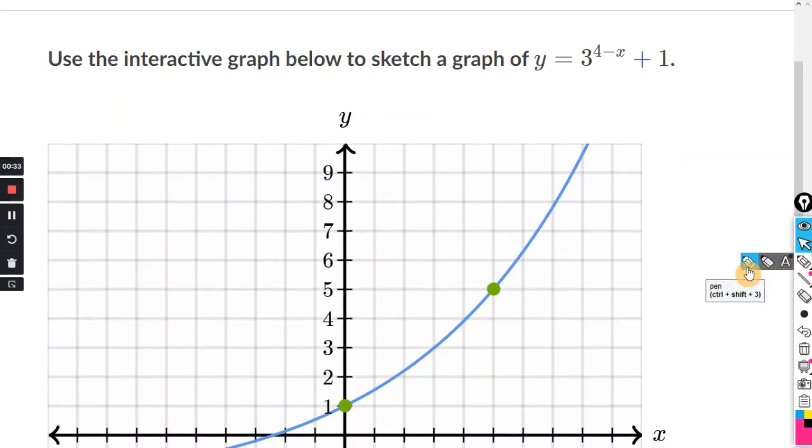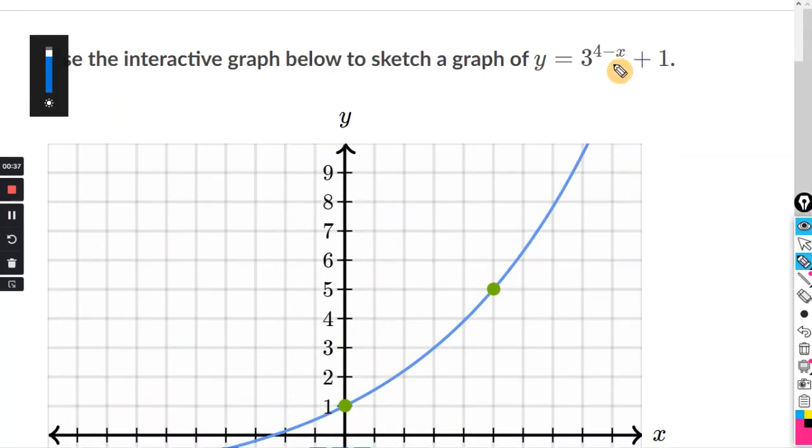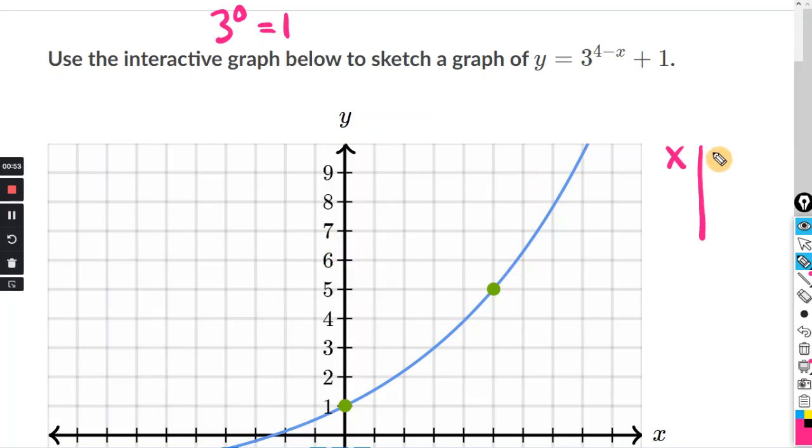Now, we know that anything to the power of 0 is just going to equal 1. Like if we did 3 to the power of 0, that's going to equal 1. So I want to try to make this 3 to the power of 0. So what would make this 0? Well, of course, 4 minus 4 would make this 0.